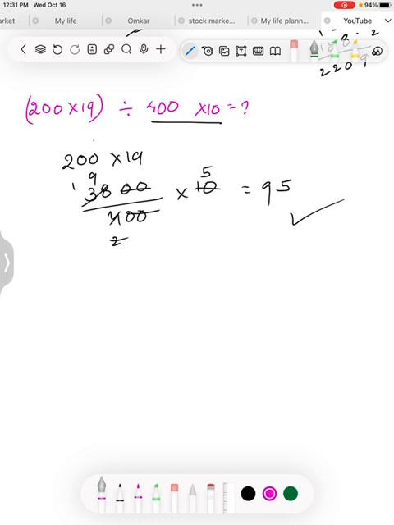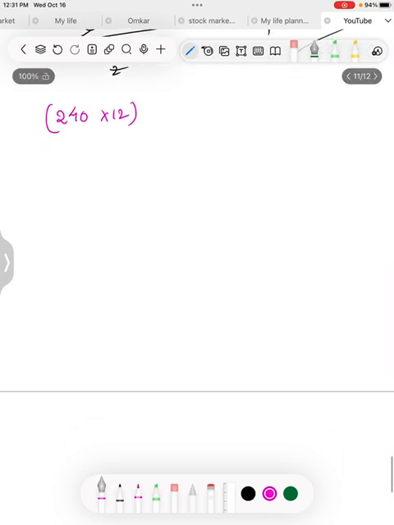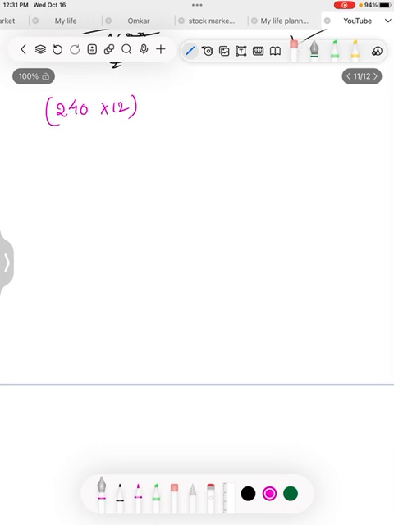240 into 12 divided by 480 to 10 plus 4. It also looks the same type of question, right? So be careful. So let us do it first.